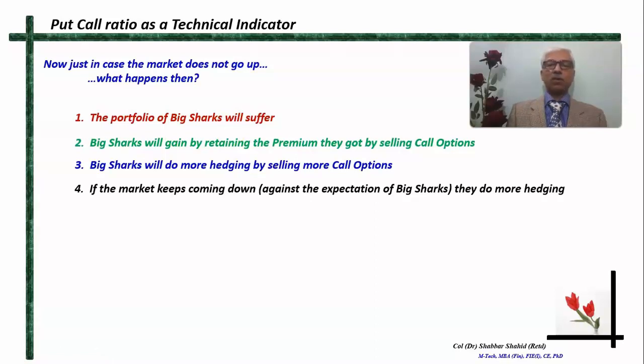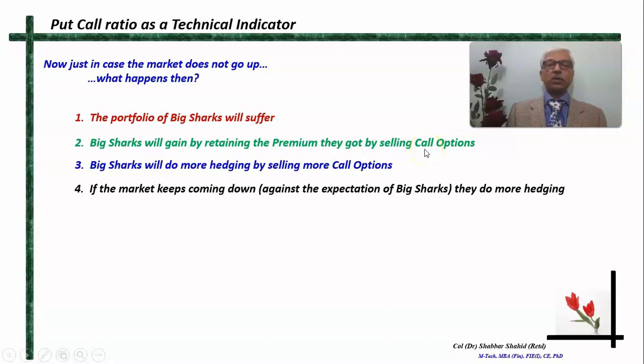They have a lot of things in their portfolio. We have seen that 5,000 Tesla, they want the price to go up. If it is not going up, then of course their portfolio will suffer, isn't it? But on the other hand, the big sharks will be gaining by retaining the premium they have taken by selling the call options. So their portfolio is suffering, but their option trade is gaining.